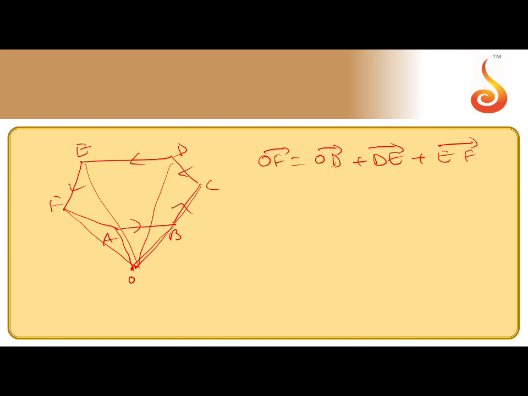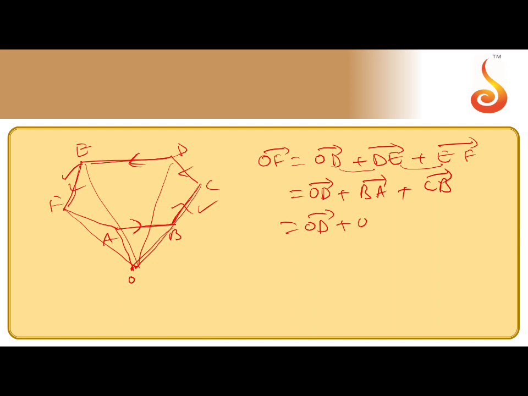In this, the two D's coincide, this becomes OE by triangle law of addition. Here E coincides, nothing but OF. Finally you get OF here. So OD keep as it is, OD we already know. DE is in this direction and this is opposite of AB, that means you can take it as BA. And EF and BC are opposite directions, we can take it as CB.